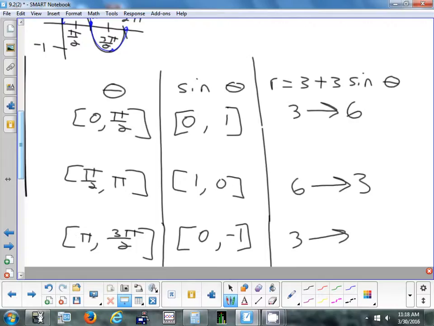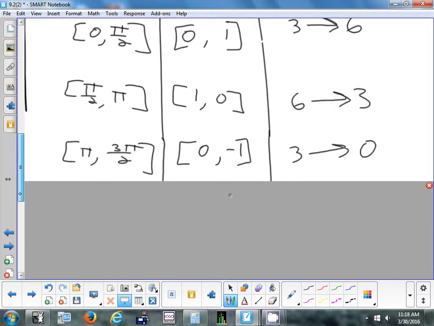And then -1. 3 times -1 plus 3 is what? 0. So in this section, my graph is actually going to be having a radius of 0 at one point, which means it's going to touch the origin. So it's exactly the sine function just expanded. It's not going to look like a wave when we graph it. It's going to have a really different shape we've never seen, at least in this class.